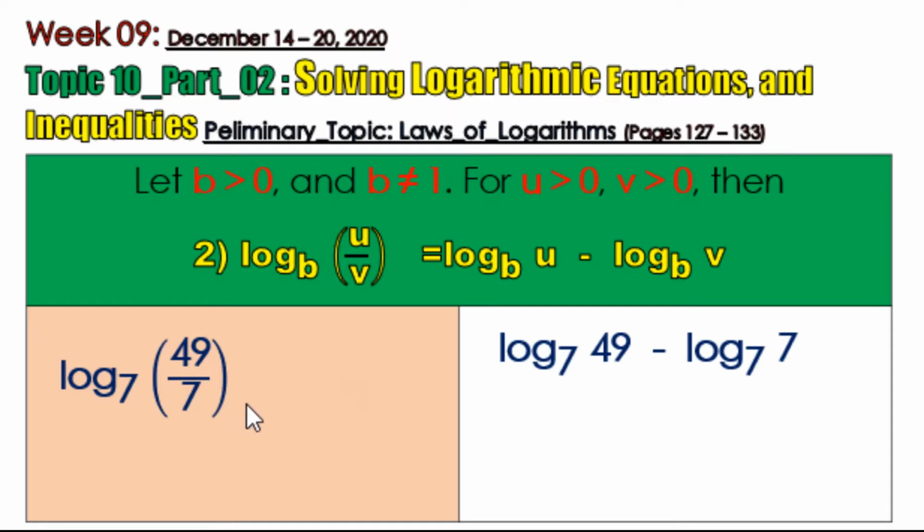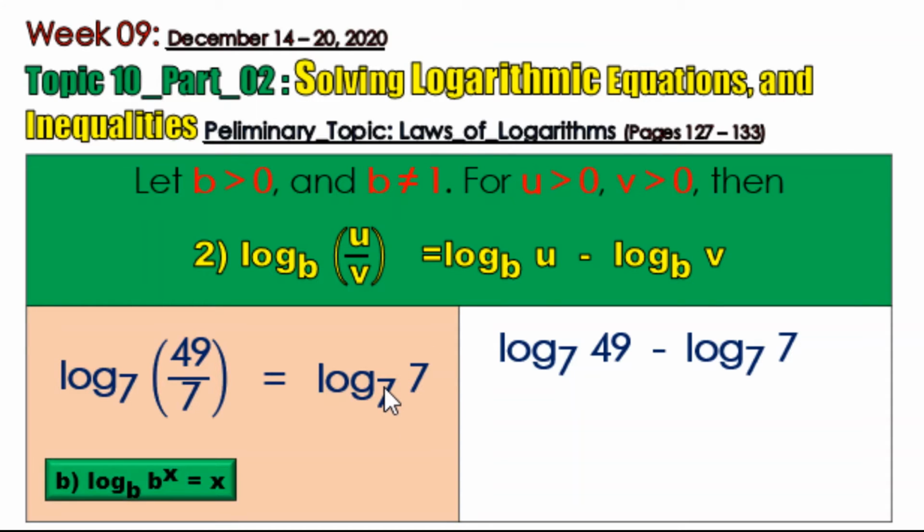So let us start with this. We have 49 divided by 7 is 7. So logarithm of 7 to the base 7. And by applying the basic property of logarithms, the value of this is 1. So let us check for this logarithmic expression, what would be the value?